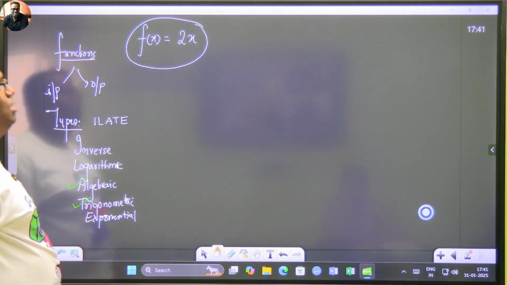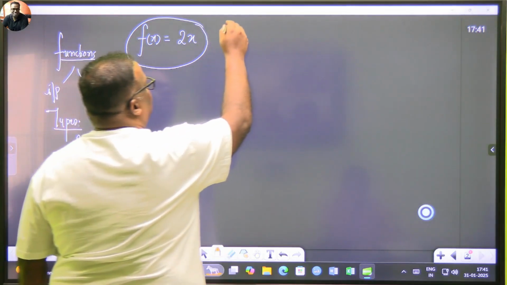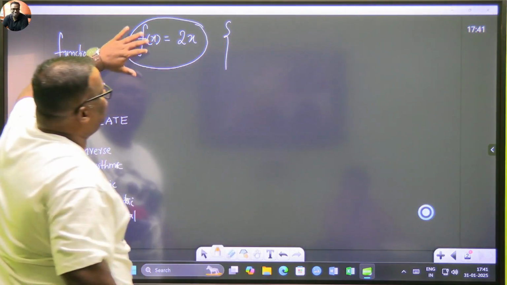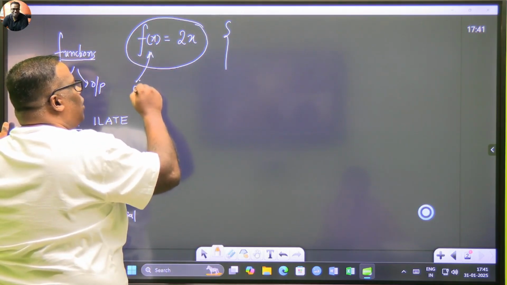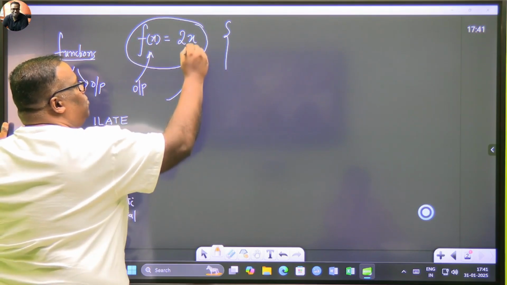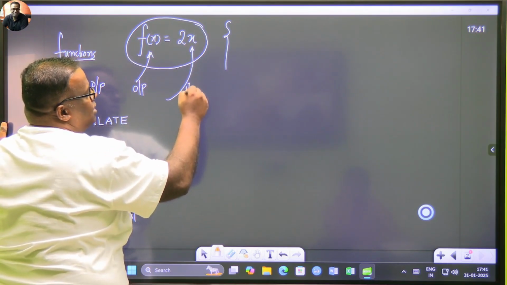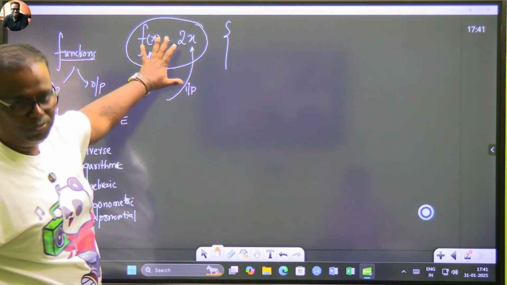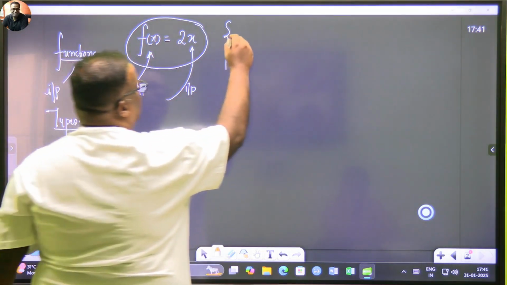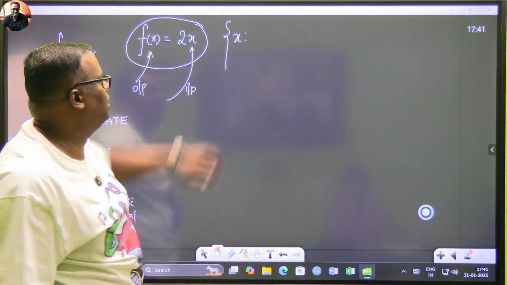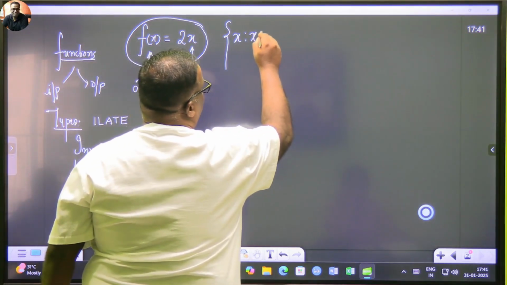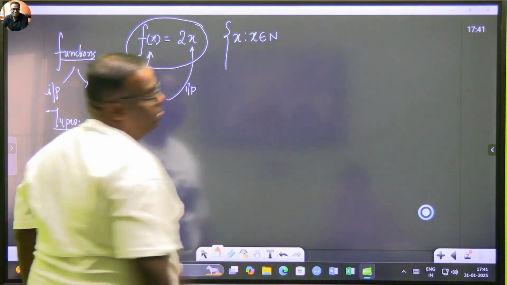f of x is equal to 2x, and I ask what is the output of the function. f of x means this will be giving me an output. What is the input? The input you are going to enter is for x. Get me the output of this function for x such that x belongs to the natural number family.